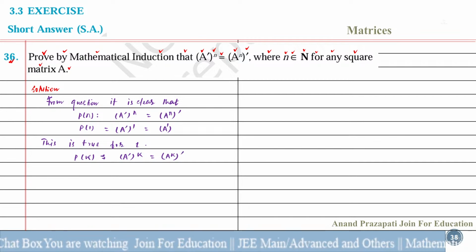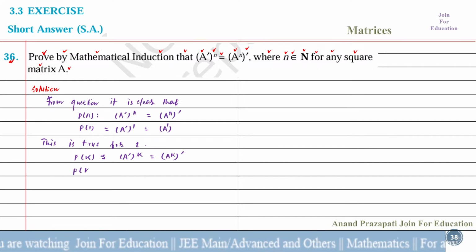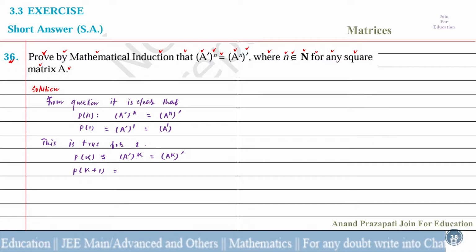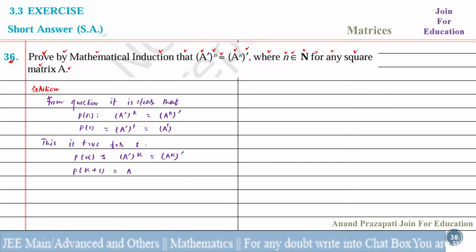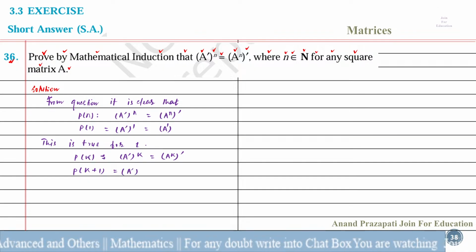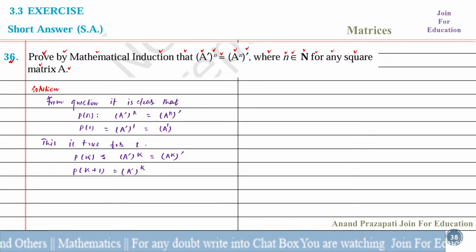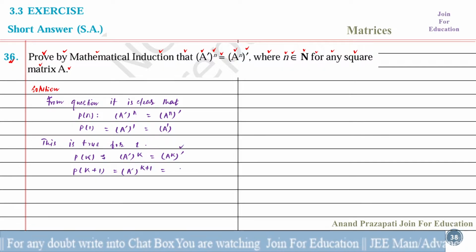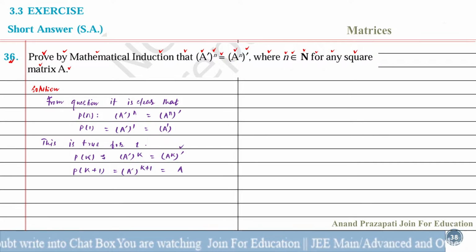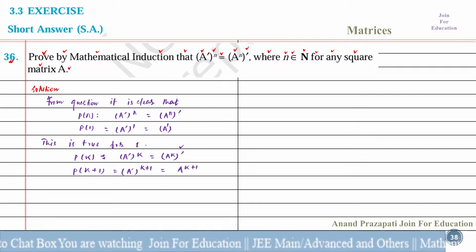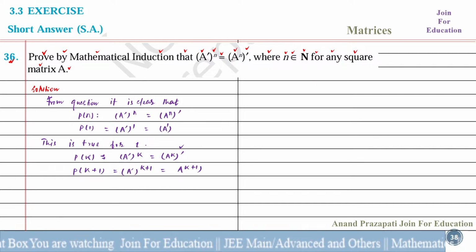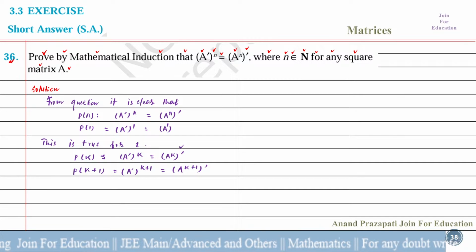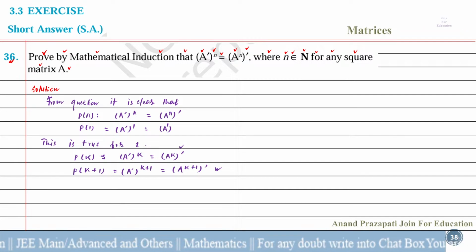Again we try for P(k+1): (A transpose) to the power k plus 1 equal to (A to the power k plus 1) transpose. There is no problem to understand up to this step.